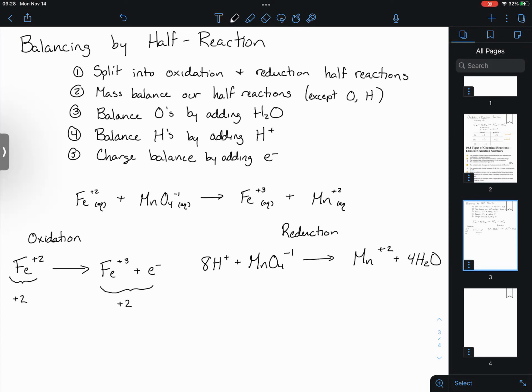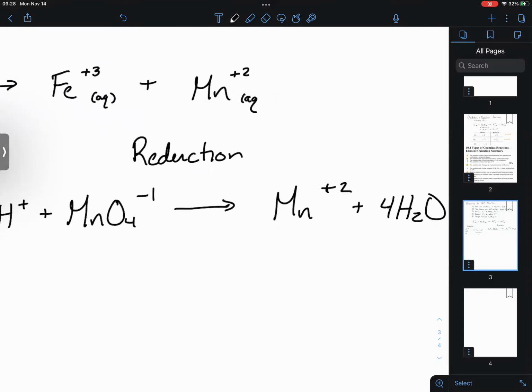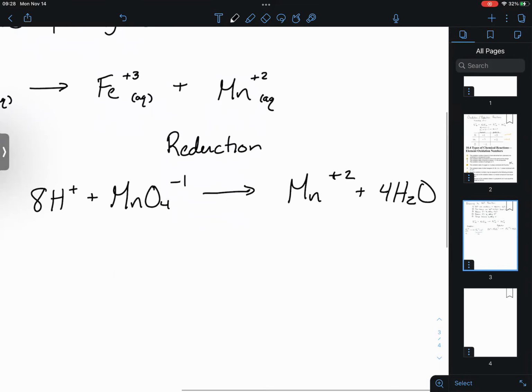All right. So then let's look at this half reaction here. The first thing that you're going to do is figure out what the net charge is on the left-hand side. So what's the charge if I sum all of this up? And what's the charge if I sum all of this up?